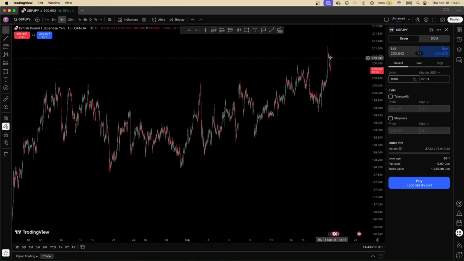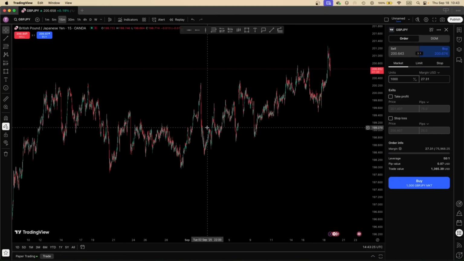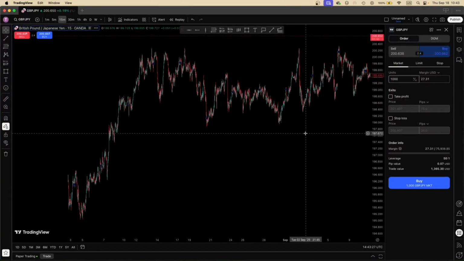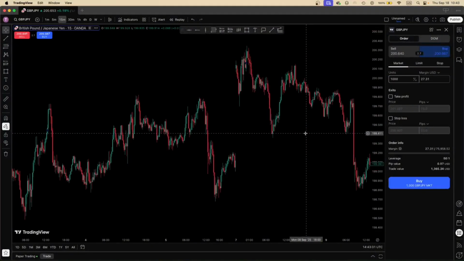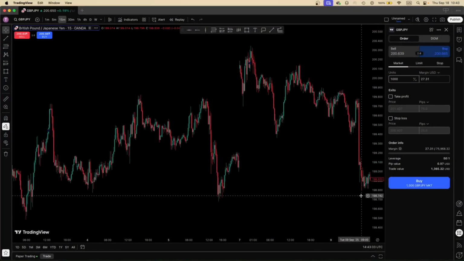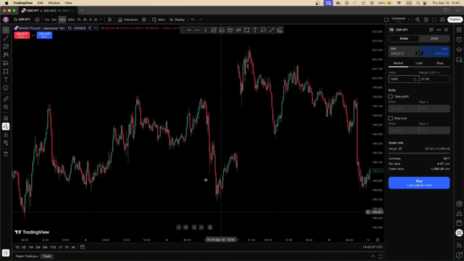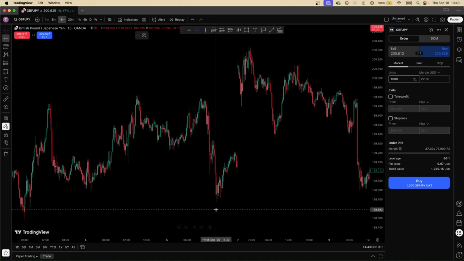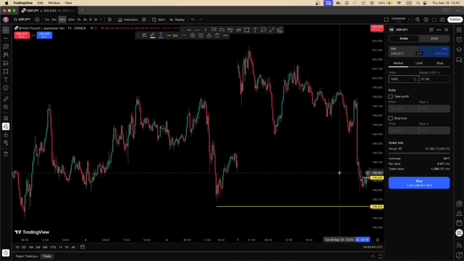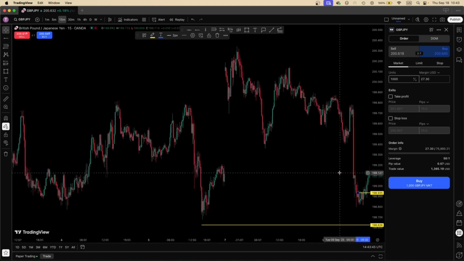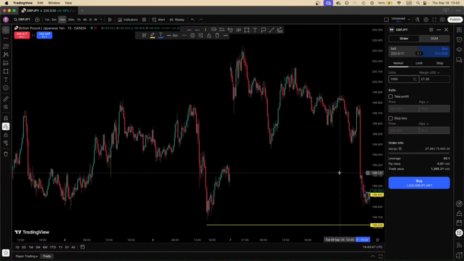You might think now the market isn't moving in your direction, but for example, at this point the market just dropped, very impulsive, and at this point maybe your stop loss was below this level and the market is currently at this point. You would think, I don't think the market is going to go up.